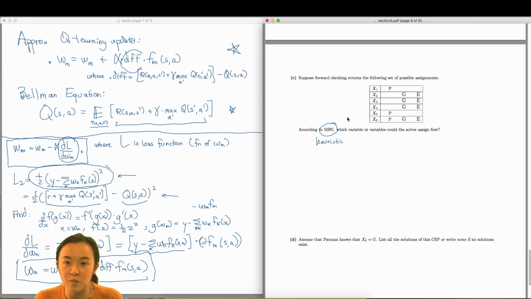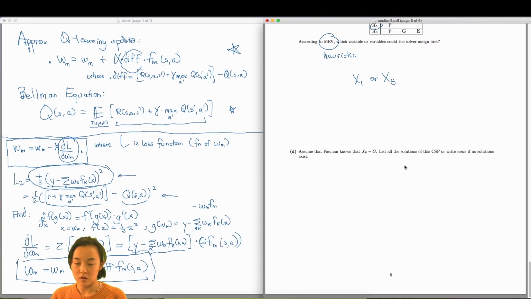And this is intuitive because the variable with the fewest domain values will probably cause backtracking very early on. So it'll probably cause backtracking in the next couple of steps, and this is preferred because we want to backtrack early on in our search rather than later on, so as to not waste time exploring. So again, we want to choose the variables with the smallest domain, so that's just going to be pretty straightforward, x1 or x5, where the tie breaking is arbitrary.